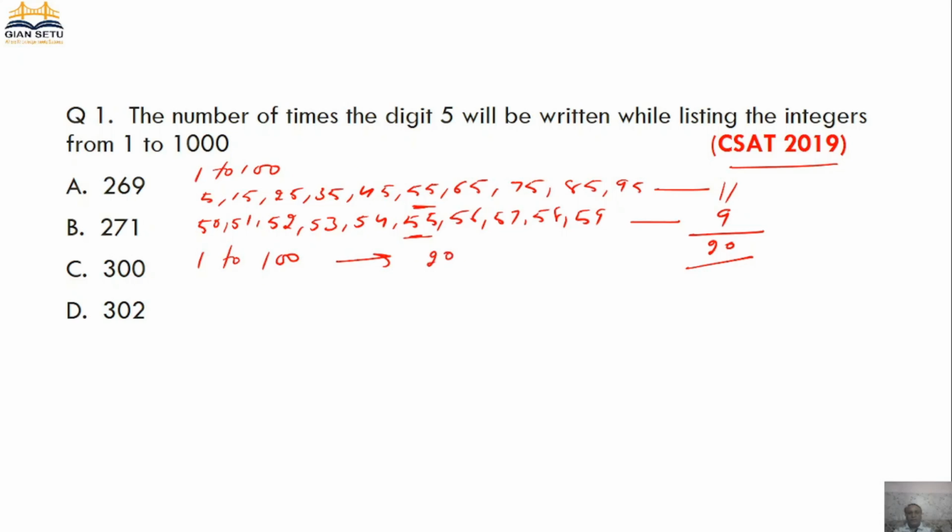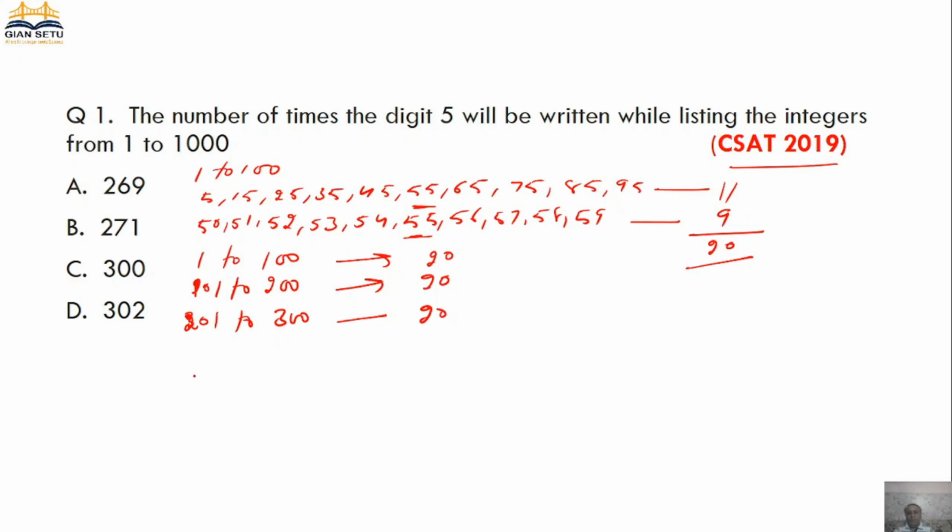Now from 101 to 200, how many times will digit 5 appear? Again 20 times. Similarly from 201 to 300, it will again appear 20 times.